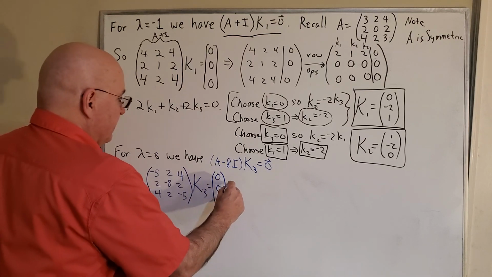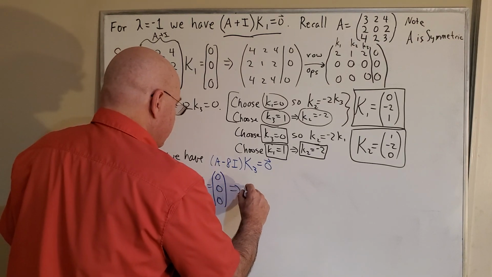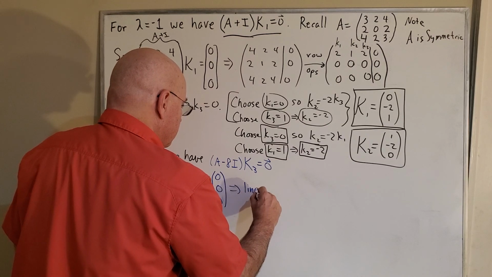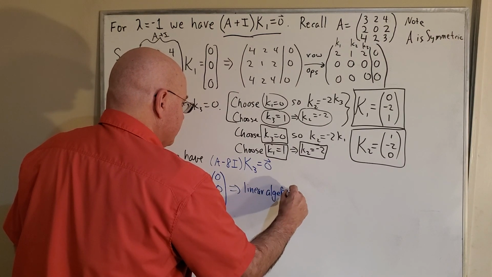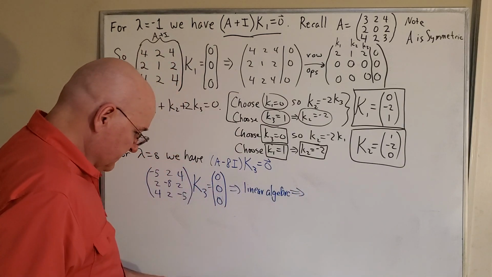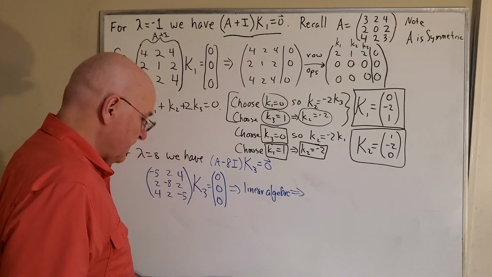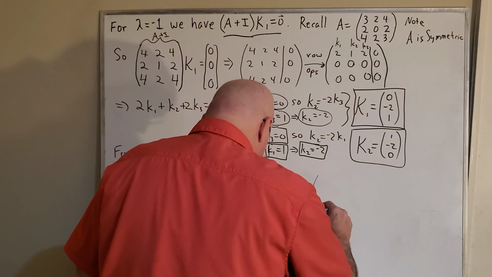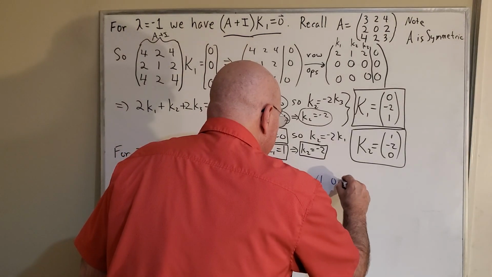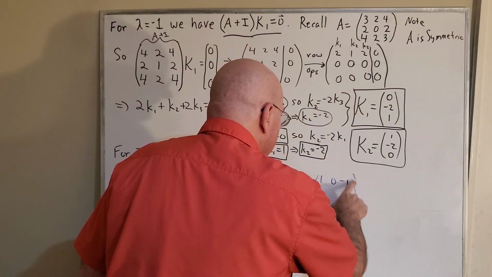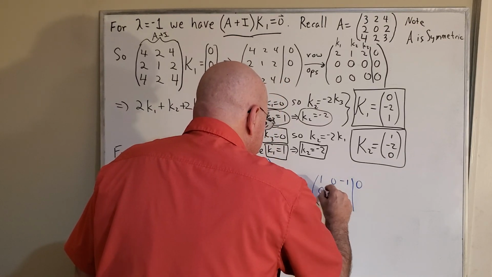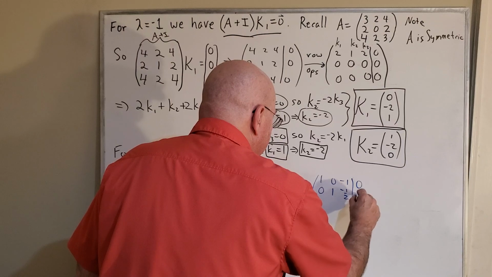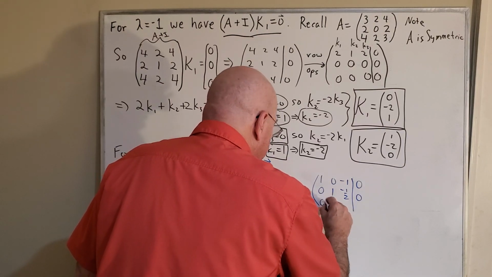And we proceed as, I should have said, Gaussian elimination, which gets us down to a matrix that looks like 1, 0, -1, 0, 1, -1/2, 0, and then all zeros.